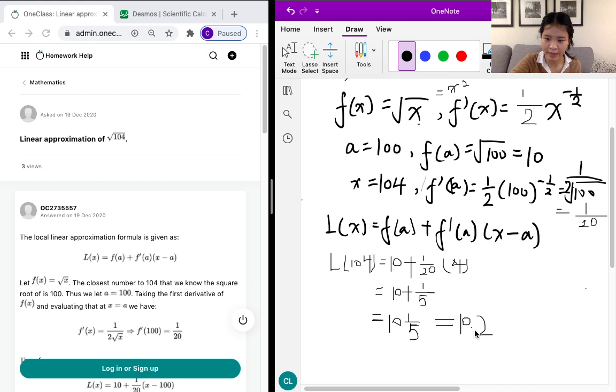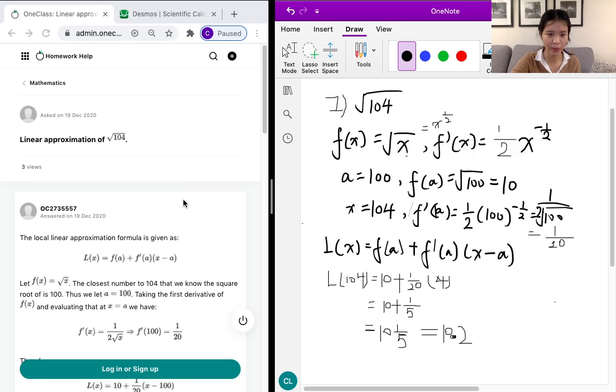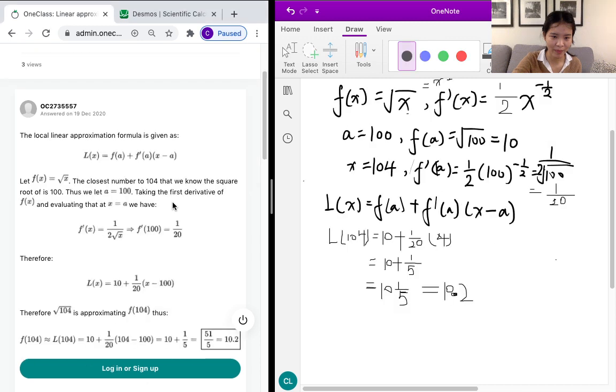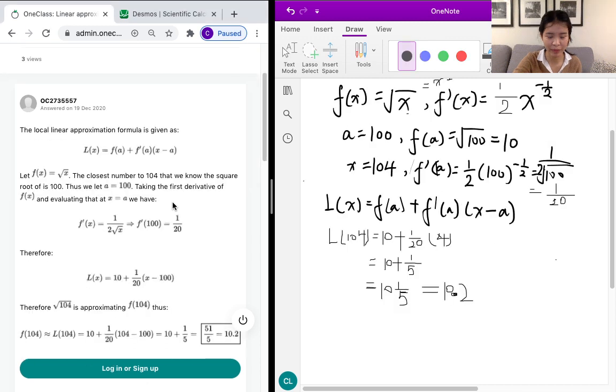Alright, so that's all we have to do to find the linear approximation of the square root of 1/4. Let's look at our sample solution over here. So the sample solution used the same method that we used, or I guess that's kind of the only method that we should use because they specifically asked us to find the linear approximation.